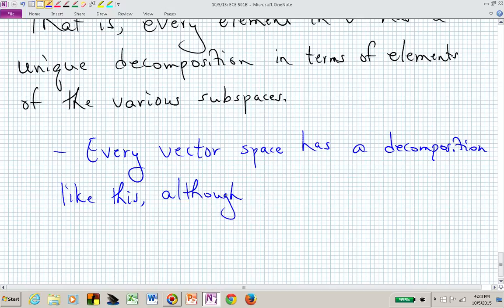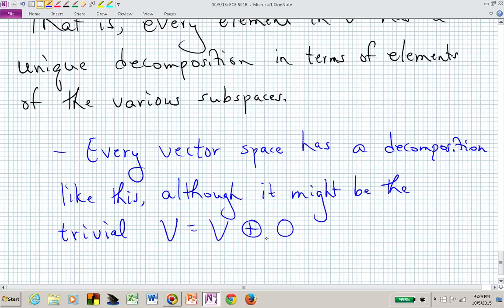Now, it could be sort of the trivial decomposition where you have the zero vector and the whole space, but that's a direct sum decomposition. Although it might be the trivial: V is equal to V plus 0.